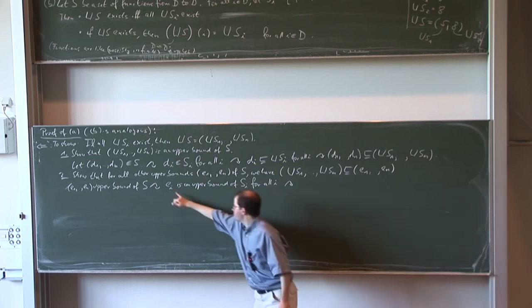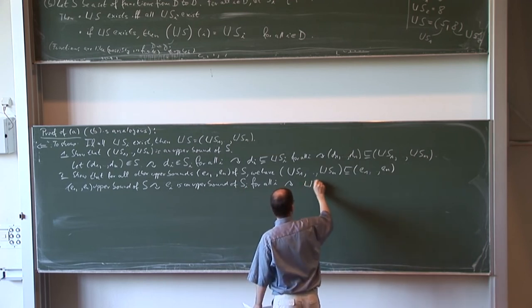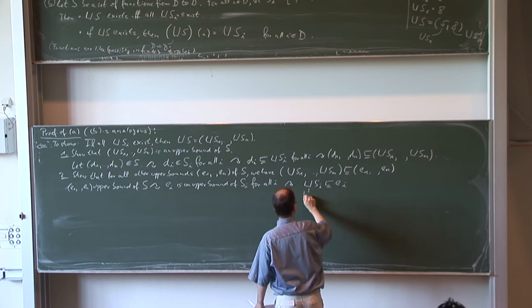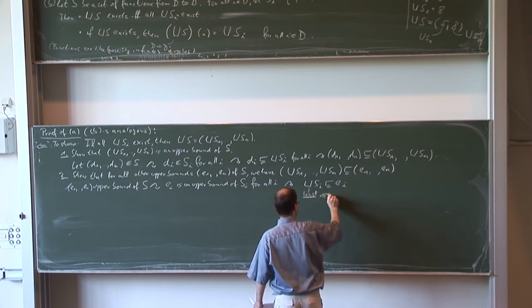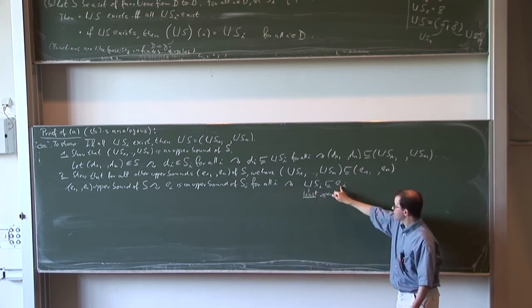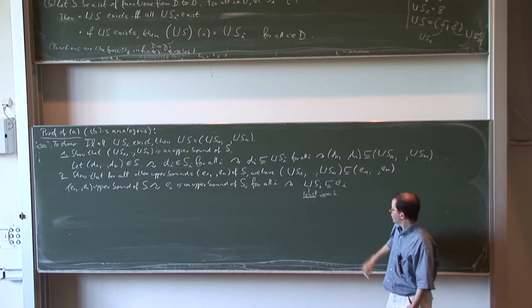So if this is an upper bound of Si, then the least upper bound of Si must be smaller. So the least upper bound of Si, therefore, must be smaller than Ei, because this is the least upper bound. So Ei is an upper bound to Si, therefore the least upper bound must be smaller than Ei.